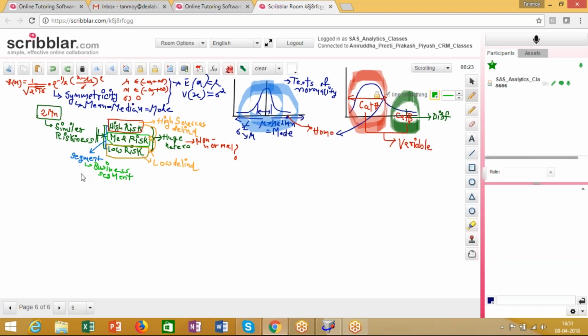The other type that we generally have is your statistical segments.